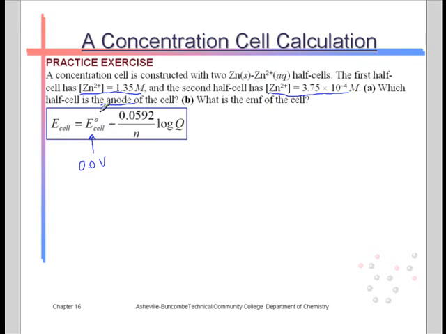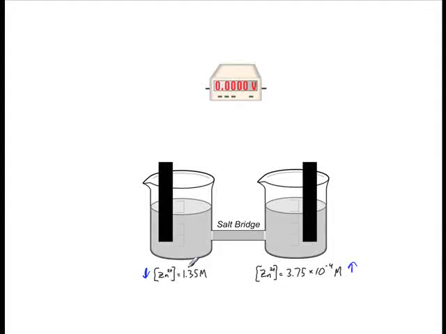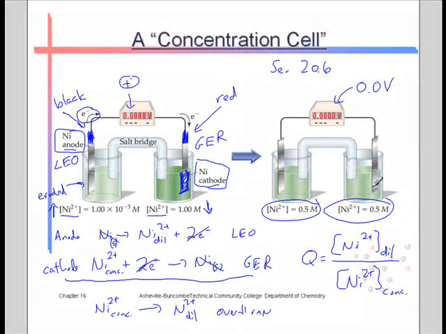Remember the standard conditions: standard temperature and pressure, even though pressure really doesn't factor in here, but temperature for sure. And also the important point is the standard concentration is 1 molar. That would mean 1 molar on both sides of the half cell. Whether it's 1 molar on both sides, 0.5 molar on both sides, any concentration, if it's equal on both sides, then the voltmeter is just going to read 0.